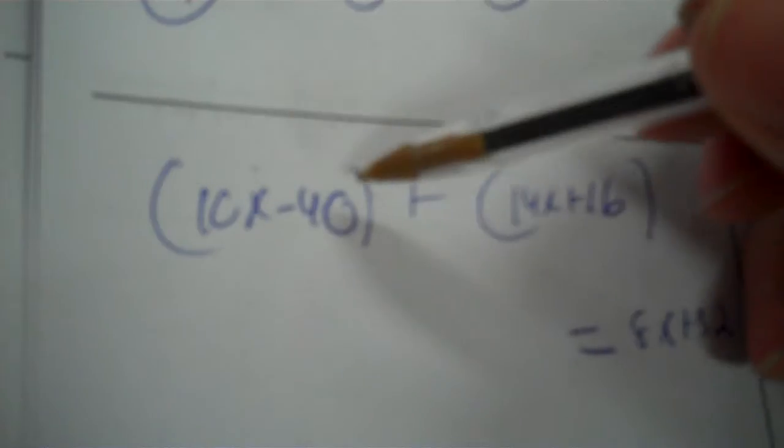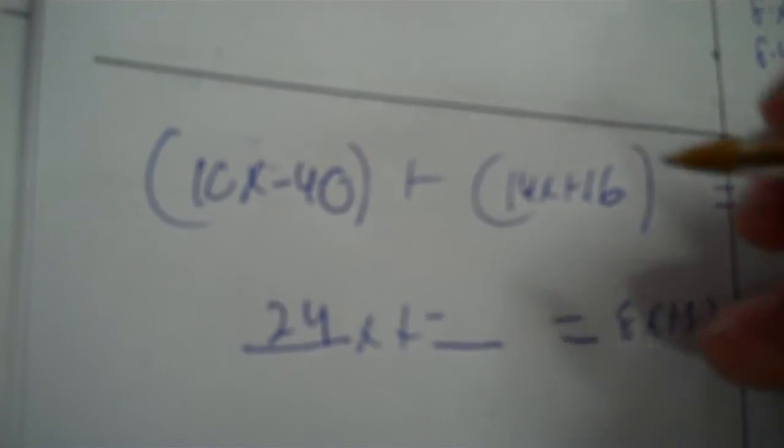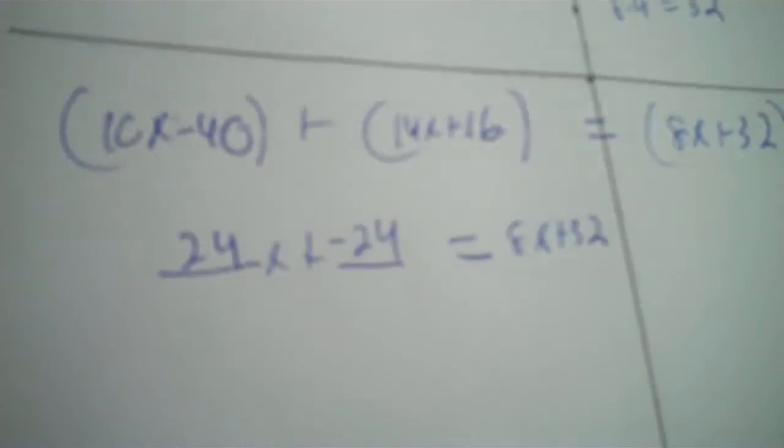Okay, simplify it. This side just stays like it is. This side you need to combine like terms. x constant, so it's x and the constant. So 10 and 14 is 24, negative 40 and 16 is negative 24. And you don't have x to the second, so you only have one answer. So you use your linear properties.